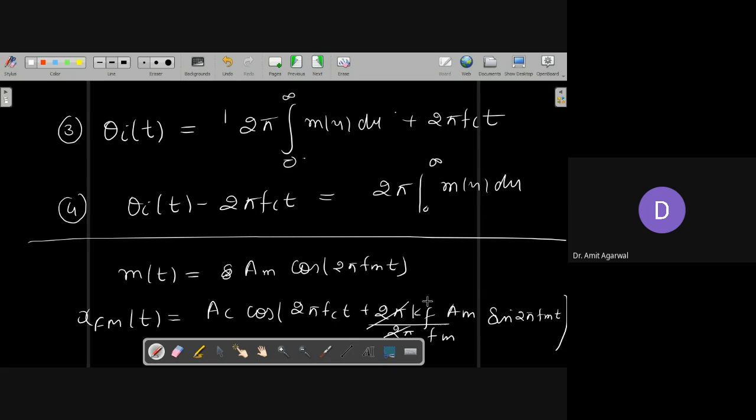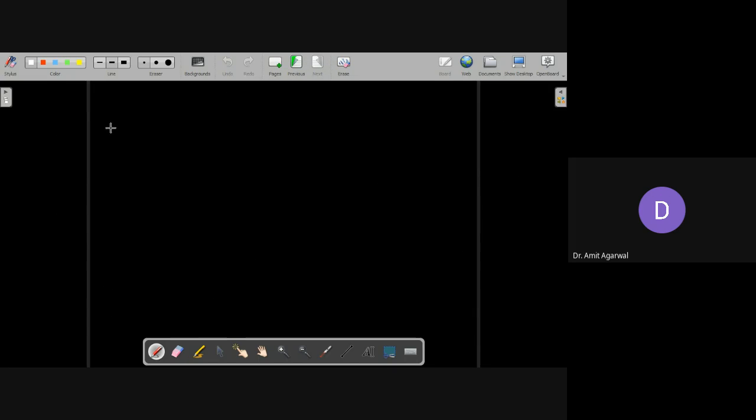So this gets cancelled, and this we called beta. This is the modulation index. See, this definition or concept of modulation index is only true for sinusoidal type of message signals. Okay, so this point you must remember. This thing we studied. And what else? What is the maximum frequency deviation?